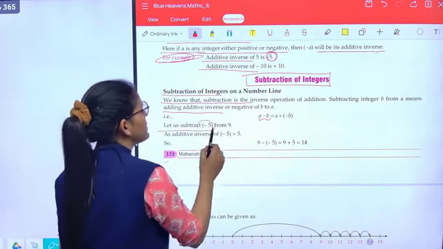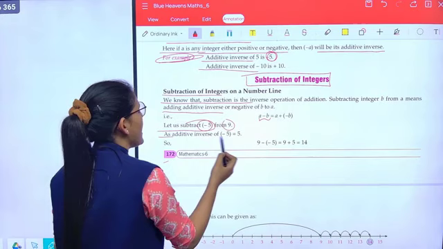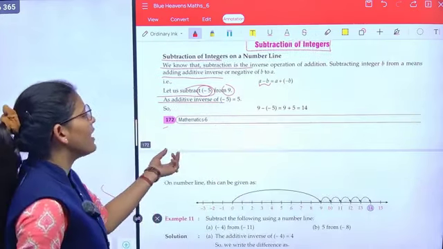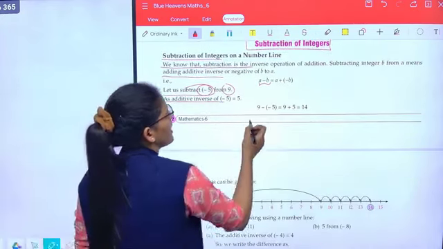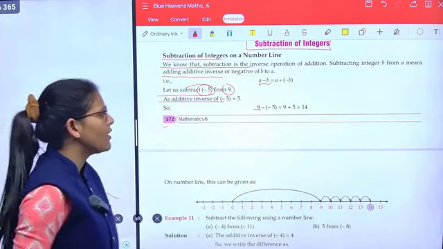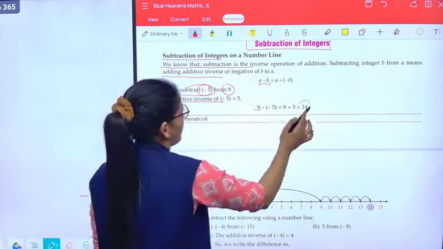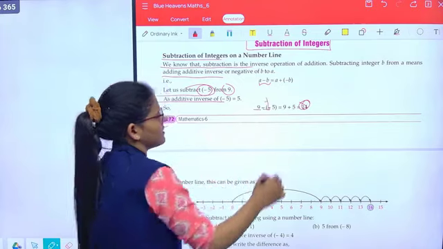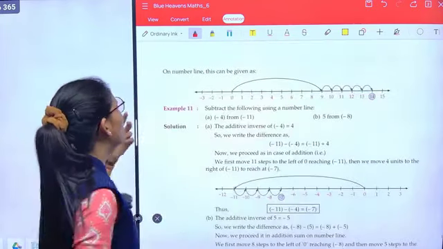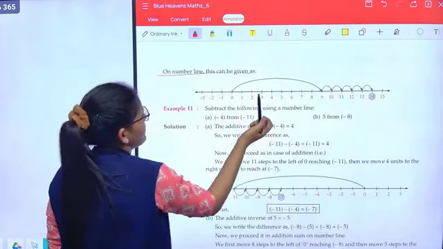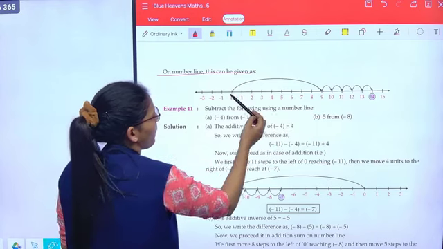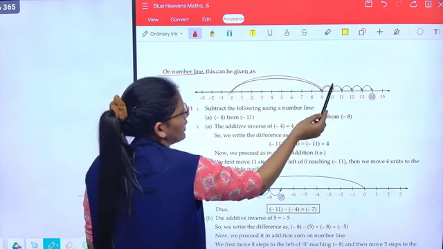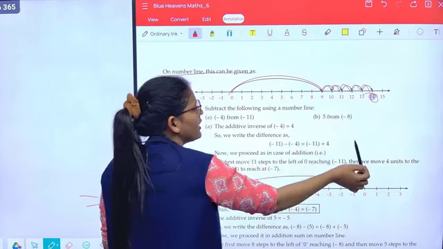Let us subtract minus 5 from 9, as additive inverse of minus 5 is equal to 5. So class, 9 plus 5, that is 14. Now on a number line, this can be given as, you can see here, 0 to 9. Now 1, 2, 3, 4, 5, that is 14.